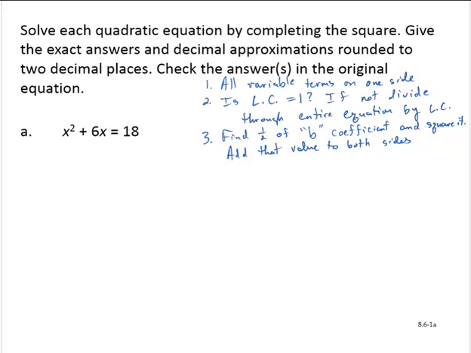In this case our b coefficient is 6. So I'm going to find half of 6, which is 3, and I'm going to square it. 3 squared is 9. So I'm going to add 9 to both sides of the equation, yielding x squared plus 6x plus 9 is equal to 27.